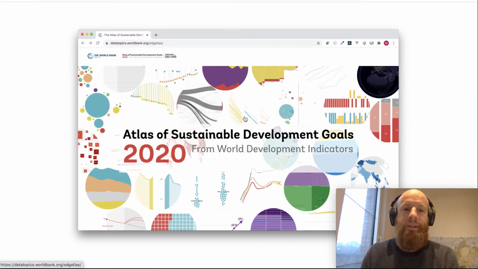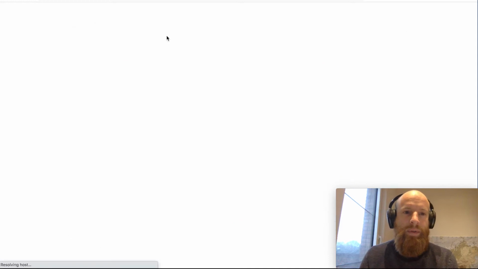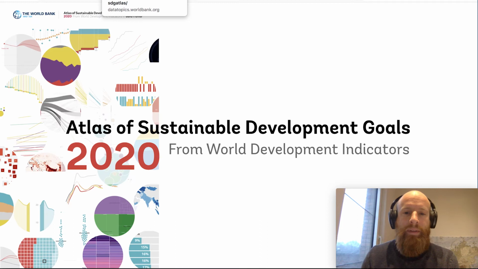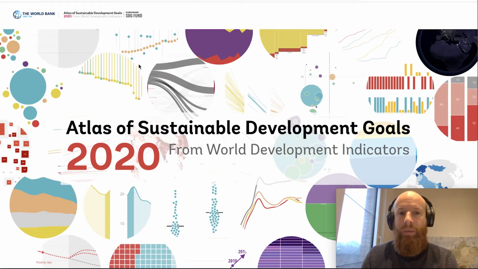But let's start with the Atlas of Sustainable Development Goals. So what is the Atlas? The Sustainable Development Goals are global goals set a couple of years back, I think in 2015, and they really touch upon many topics and issues that the world is dealing with today.